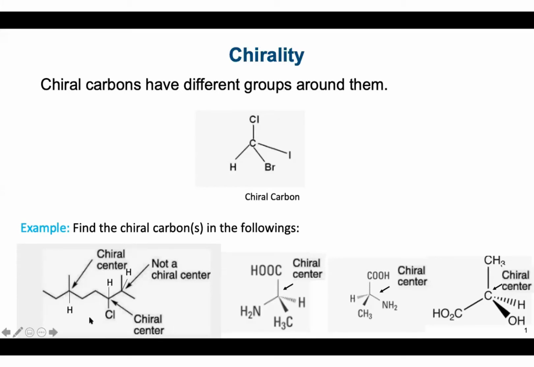So it's not gonna be chiral, these 3. What about this CH3 and this CH3 and this CH3? These are also not chiral because there are 3 hydrogens, which are the same groups, attached to them.